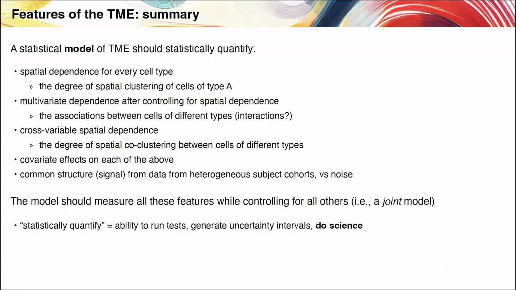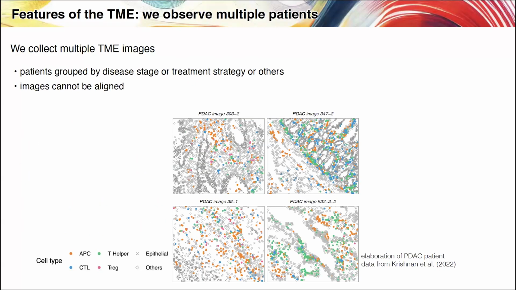The first one is how much spatial dependence there is for every cell type, right? This is the degree, in a sense, of spatial clustering of cells of type A, say, and then we do the same for all the cell types. So we may find that in some images the orange points tend to be close to each other, and in some they tend to be not close to each other, right?